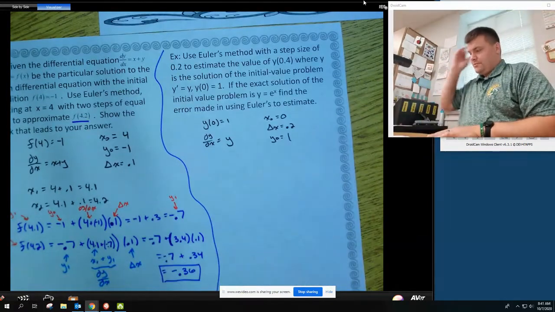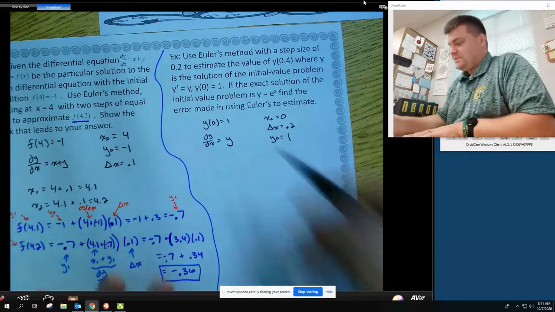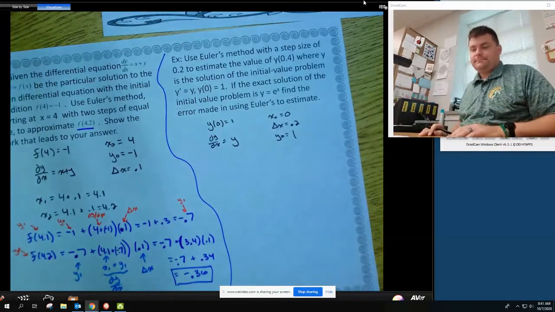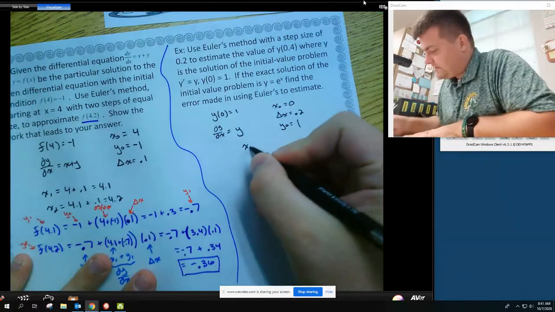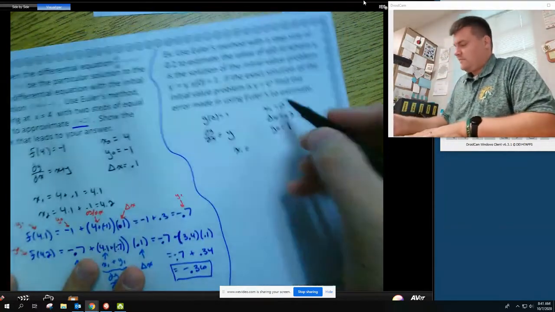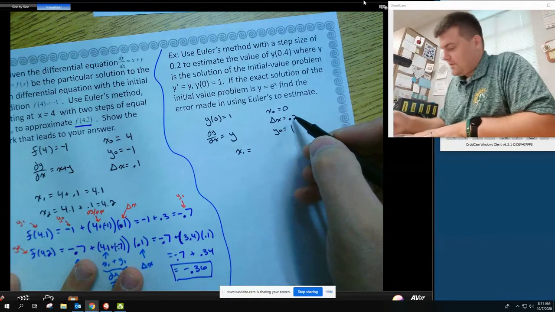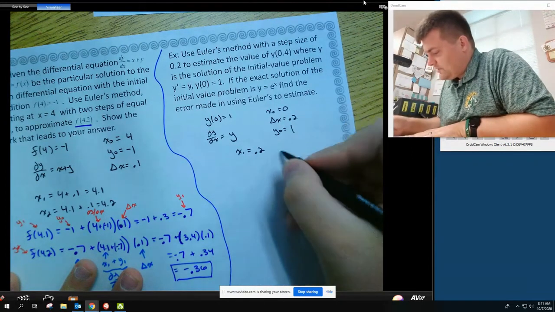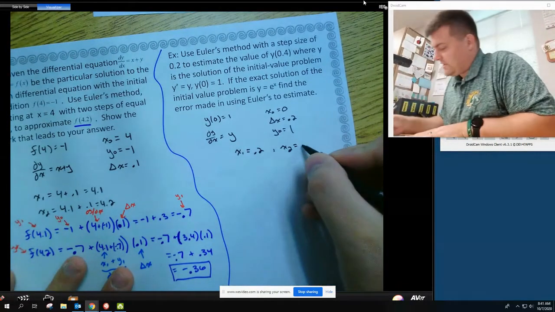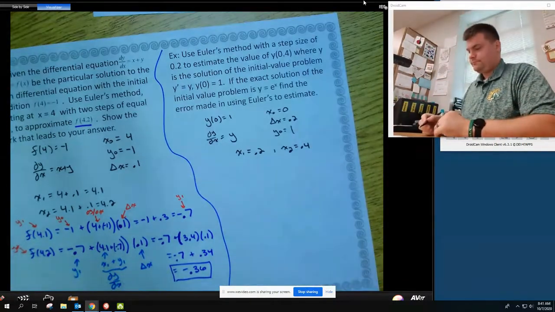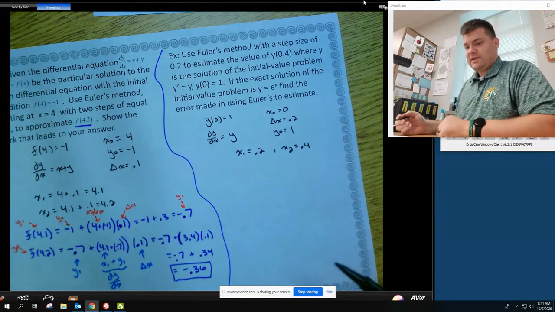Okay, so if I'm starting from 0, how many steps am I doing? Doing 2 steps. So I need to find what x1 is. If I'm starting at 0 and I go up, I'm going to get 0.2. And then x sub 2, if I add another 0.2 to that, is going to be 0.4. Awesome.